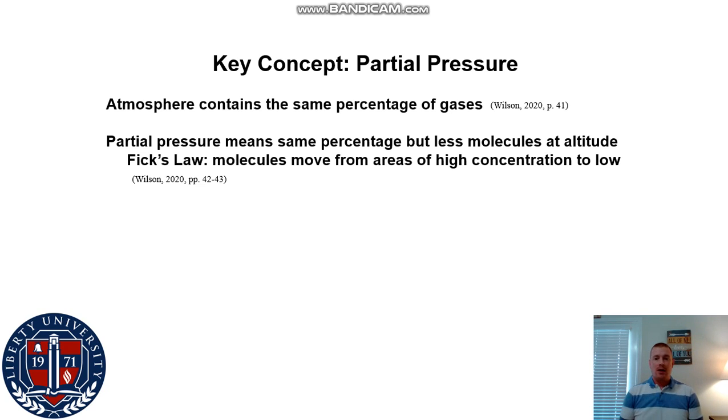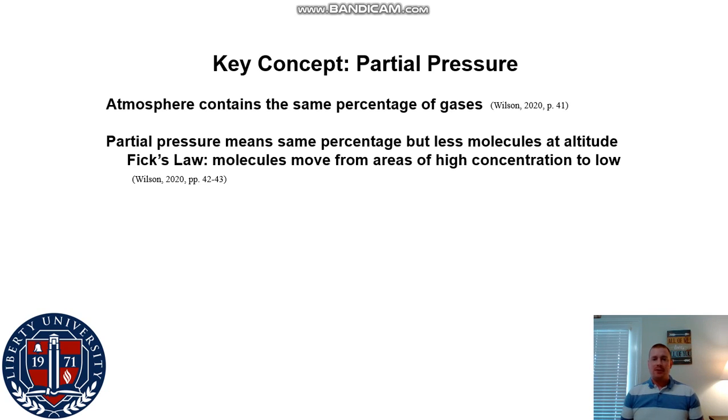So if we were to take a sample of a ping pong ball size of air and measure that at the ground versus in the atmosphere up above the tropopause, we would encounter the same percentages of gases, but there would be fewer molecules by physical number at that higher altitude. And because of that, there's less oxygen to be had for your body at that altitude.